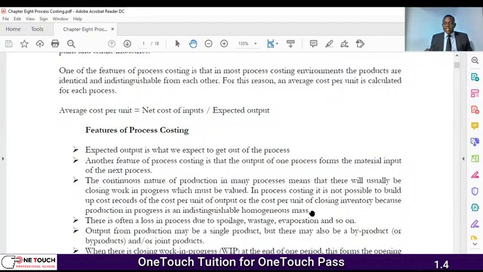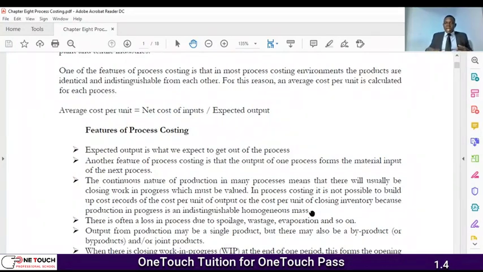In process costing, it is not possible to build up cost records of the cost per unit of output or the cost per unit of closing inventory, because production in progress is an indistinguishable homogeneous mass. We cannot determine the cost per unit in the sense that as the process goes on, there are a number of units in that process. It is not just a single product that is being produced. It is a number of units, and therefore it is not possible to determine the cost per unit.